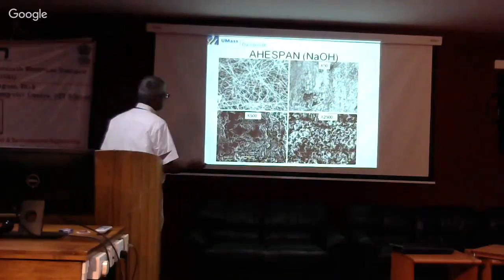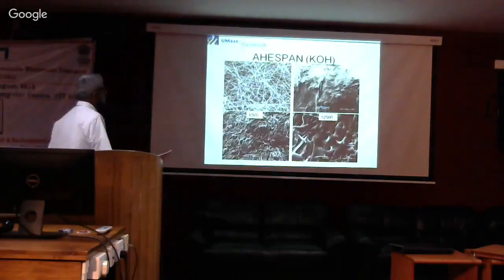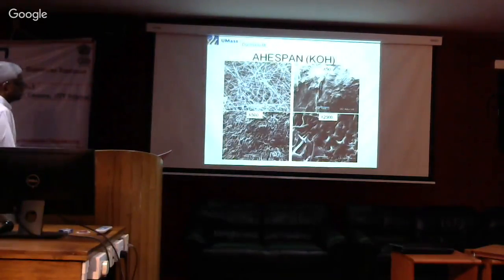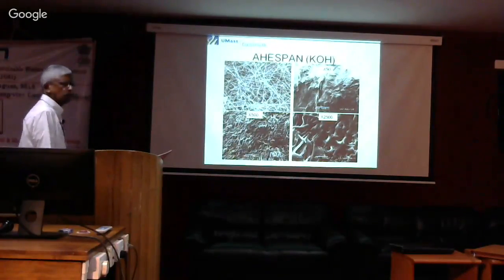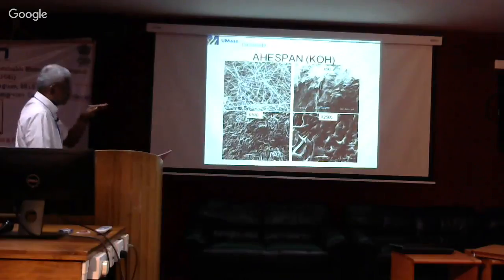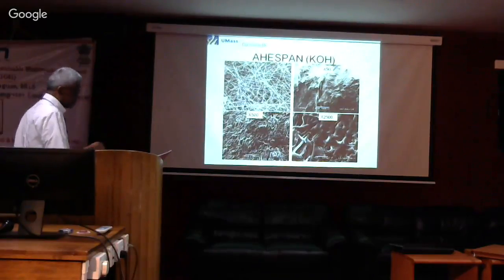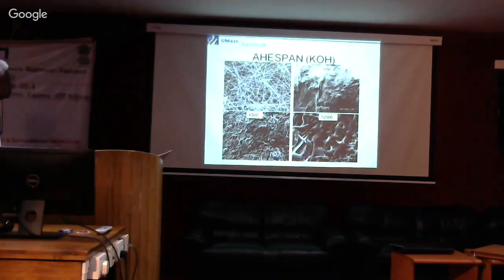50 times, 500 times, 2500 times. Again, when you zoom in real hard, you see these crevices, which seem to indicate that your functionalization did kind of penetrate a few nanometers beyond the surface.